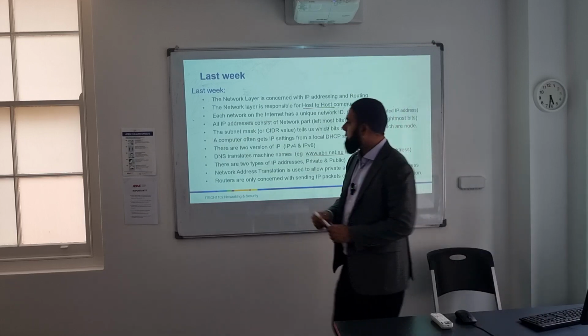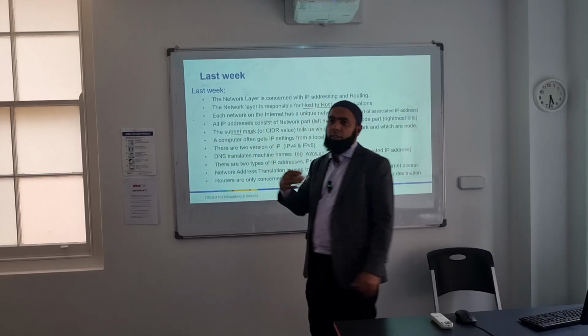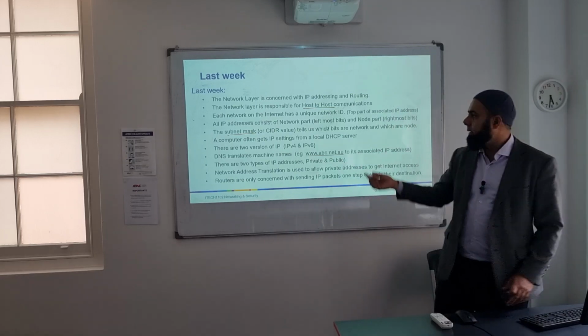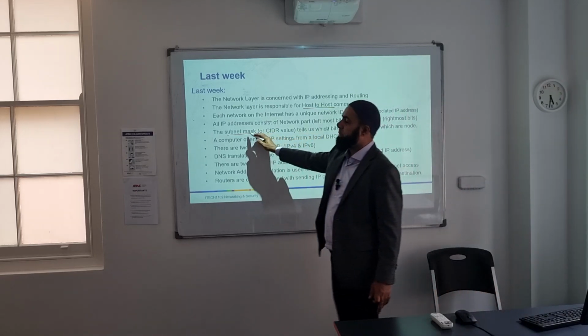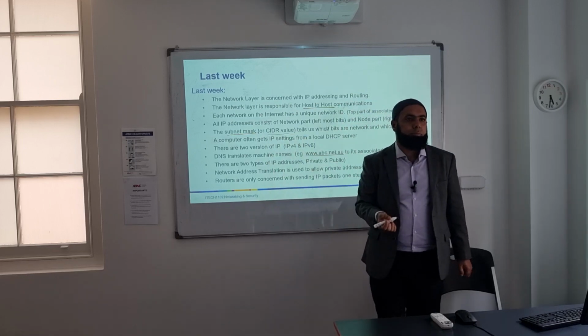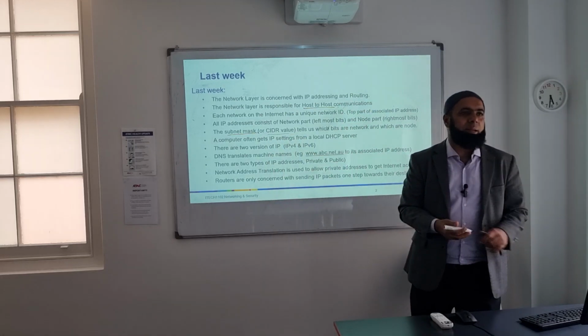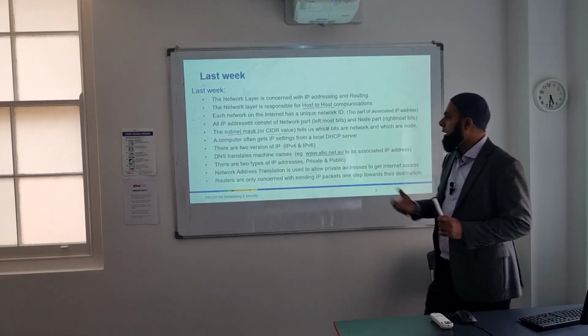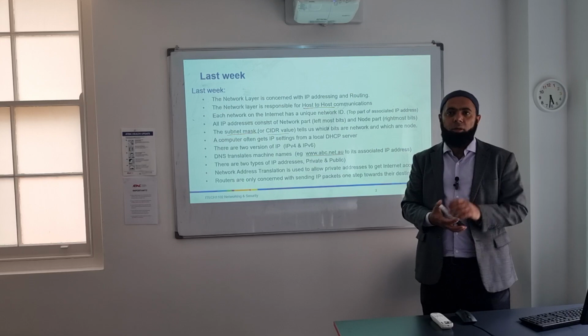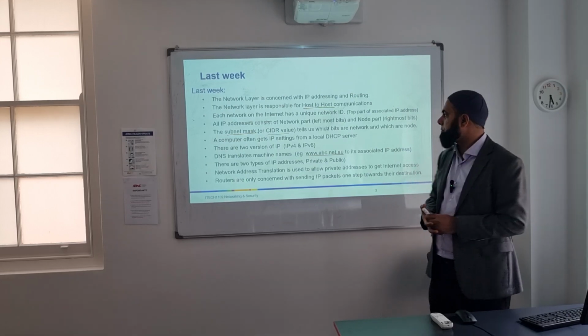Another definition of subnet mask: we use subnet mask to see how many IP addresses we can create in a network. Another name of subnet mask is CIDR. That's another way of explaining the subnet mask. We had already a lot of discussion on subnet mask, and that's also part of your assignment as well.